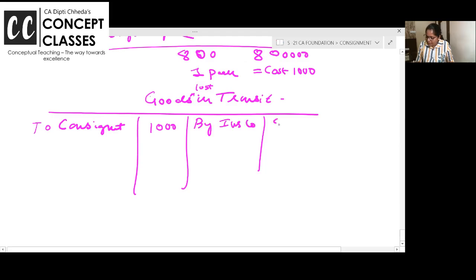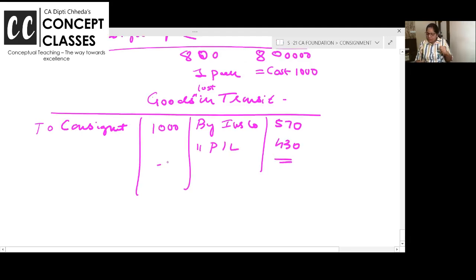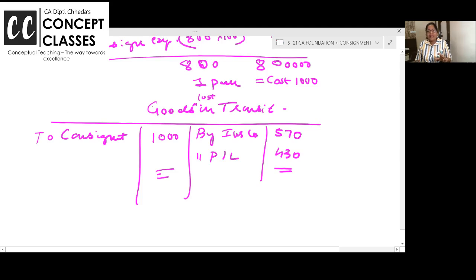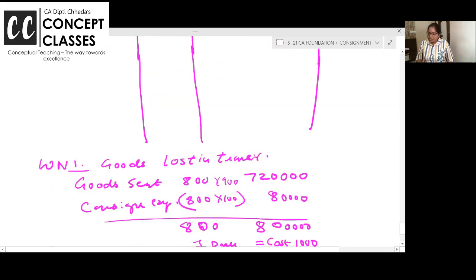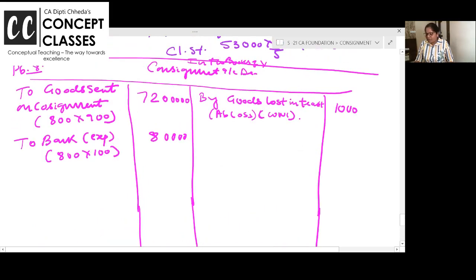By insurance company, we are going to get 570 and by loss 430. Sometimes in consignment, this is how the account is made. One packet is lost in transit. Our cost is 900, plus 100, total 1,000. Insurance company agreed to give 570, so 430 is the loss. So we can write here 1,000. Here also you can write by abnormal loss and by insurance company. Both you can write here only.